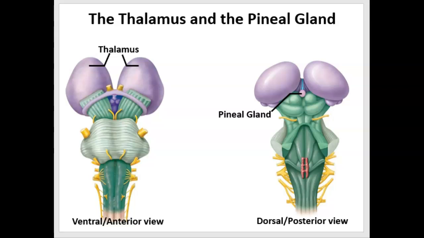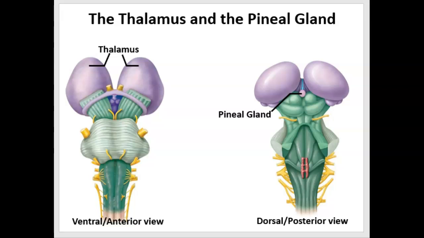Here we can see the two lobes of the thalamus. They're shown in purple. On the left is an anterior view, and on the right is a posterior view. What's also visible on that posterior view is the pineal gland, located in the midline between the two lobes of the thalamus.